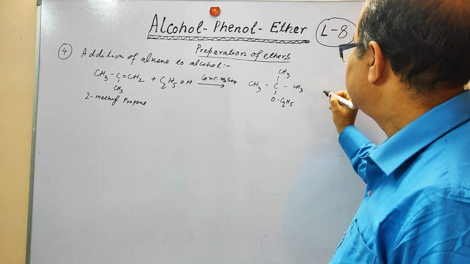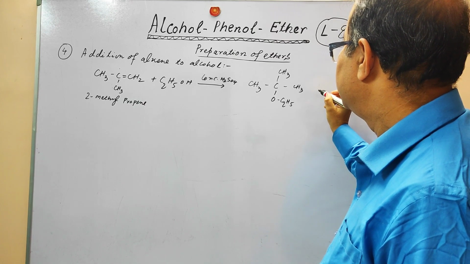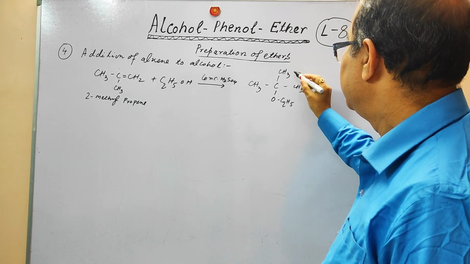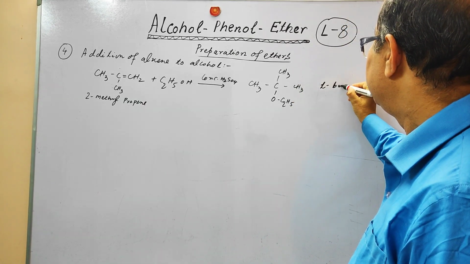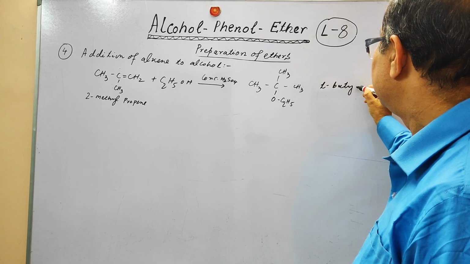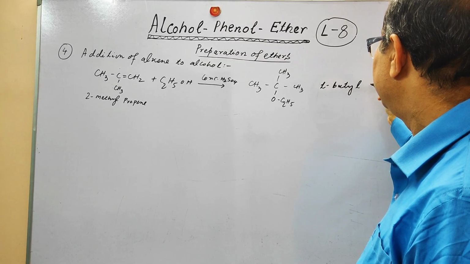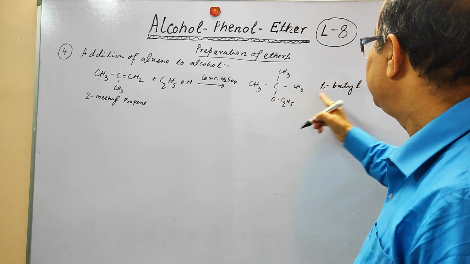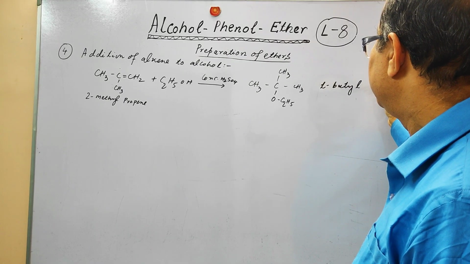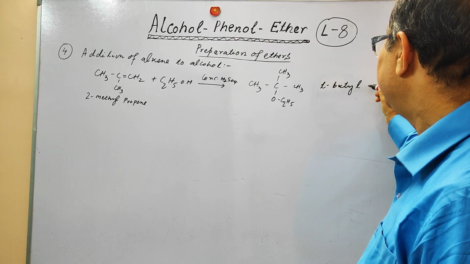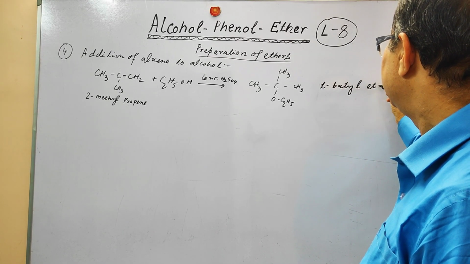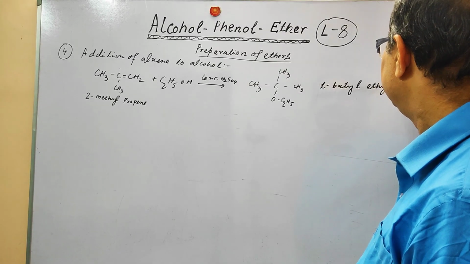So this ether is produced, that is the name of the ether, that we can see here, tertiary butyl ethyl ether.